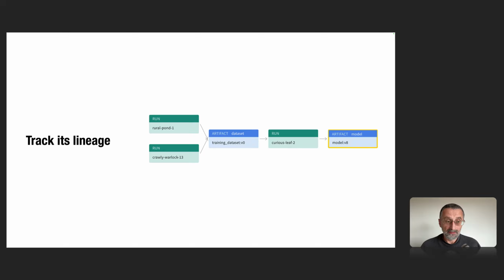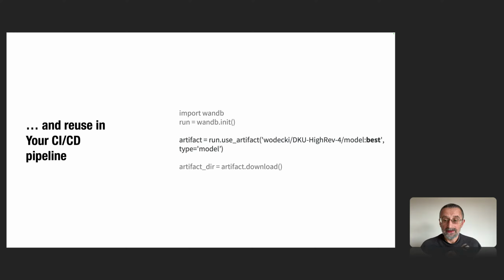And then you can track the lineage of this artifact, as you can see here, and then reuse it in your CI/CD pipeline. This is very handy for me, because, for example, imagine that you retrain your model on a daily basis using some automatic tools, and after this retraining you would like to automatically take the best model to production and deploy it to serve your customers later on.